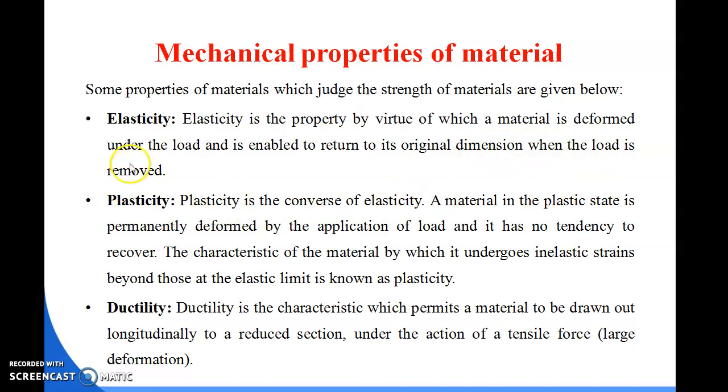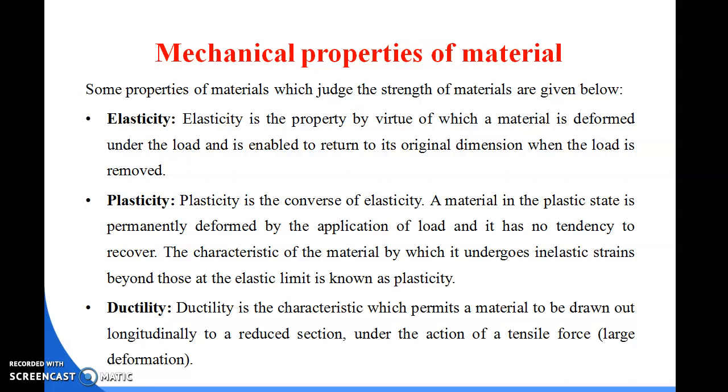That means whenever a body is subjected to a loading system, if it is elastic in nature, the body regains its dimension, shape and size when the load is removed.